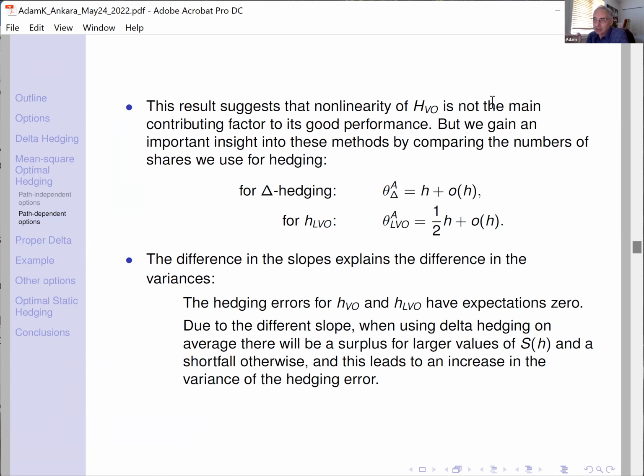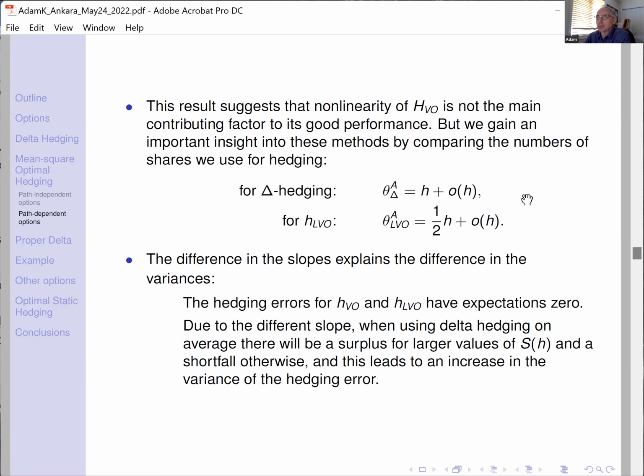So this is a striking difference between the situation for path-dependent option and European option. For European options, the main terms were the same. The correction was in the second term. For path-dependent options, the first terms actually are different. So delta hedging always assigns twice as many shares as mean square hedging.